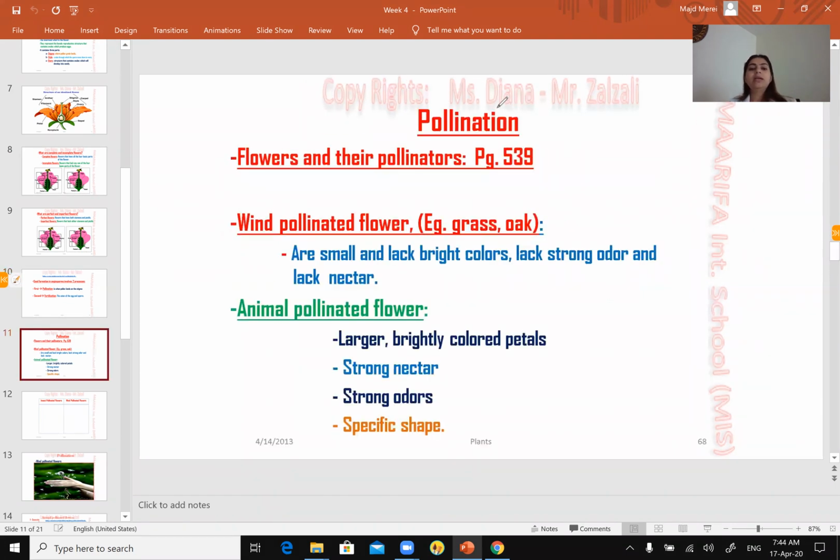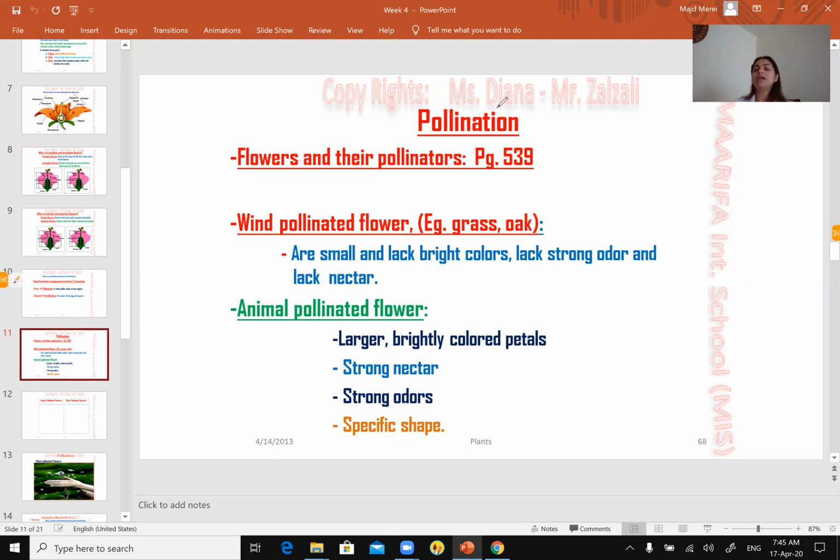Okay, let's start with the comparison between wind-pollinated flowers and animal-pollinated flowers. Wind-pollinated flowers, so simply, how are the pollen grains transferred? Through the wind. While animal-pollinated flowers, it means that animals will carry the pollen.